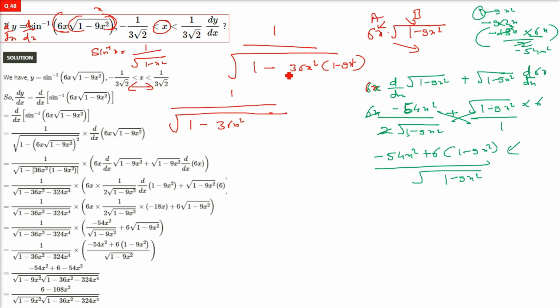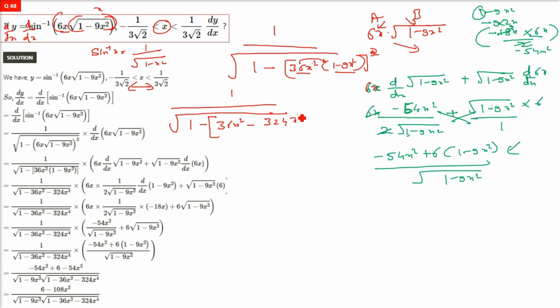Okay. I hope you got the idea. I tried to do it in a way mostly people will do, because of understanding and at that time contemplating what to be put in 6x under root 1 minus 9x square so that we get a proper solution, right?